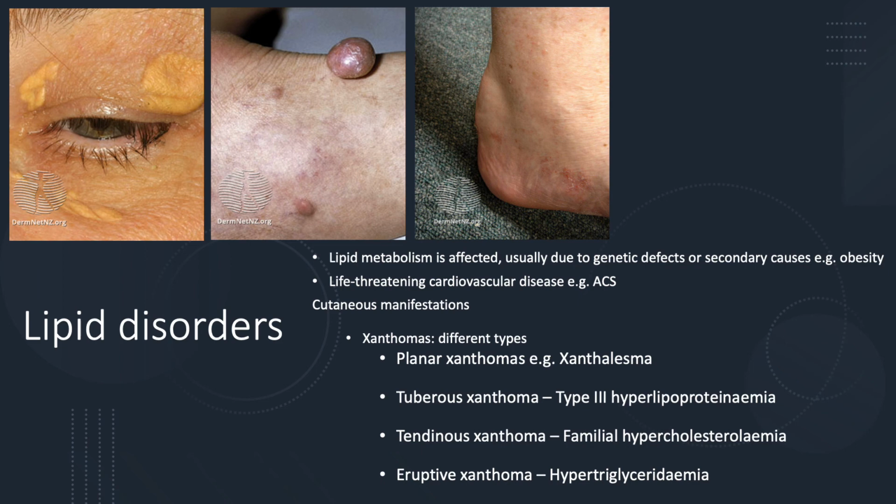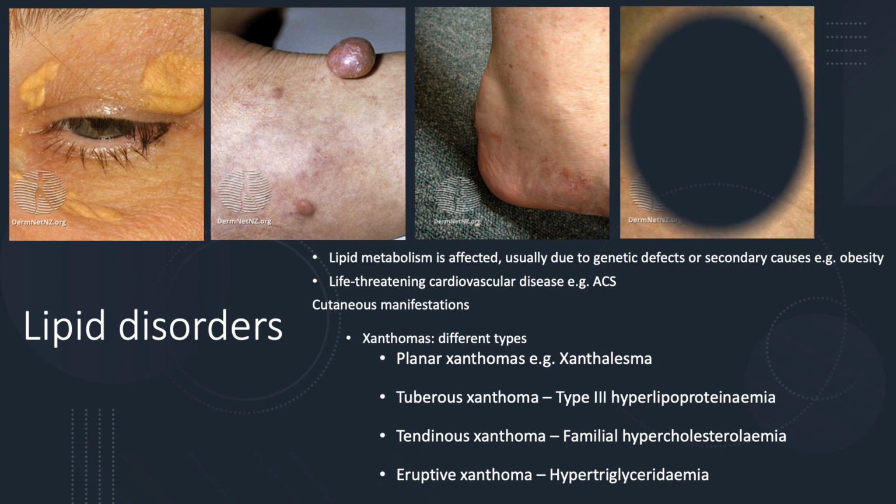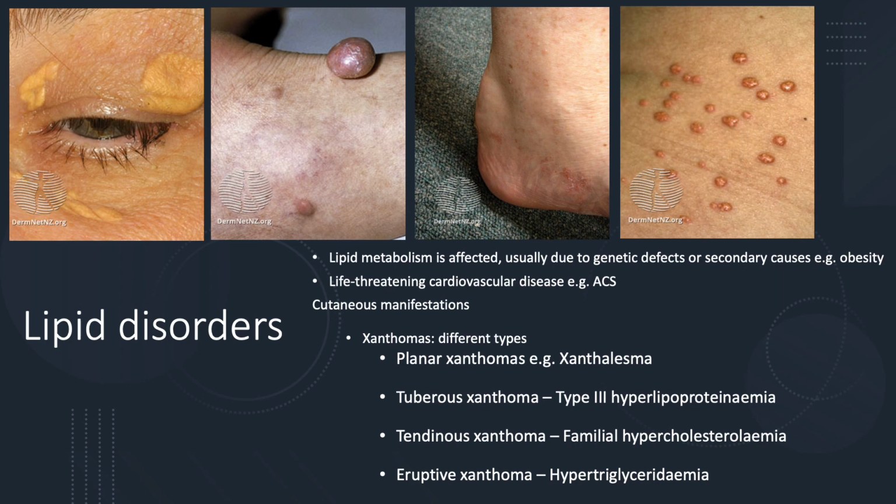And the final one is the eruptive xanthoma. These are small yellow papules with a red rim over your extensor surfaces, and sometimes you can find them even inside the mouth, which is quite interesting. And they're quite tender and usually quite itchy.